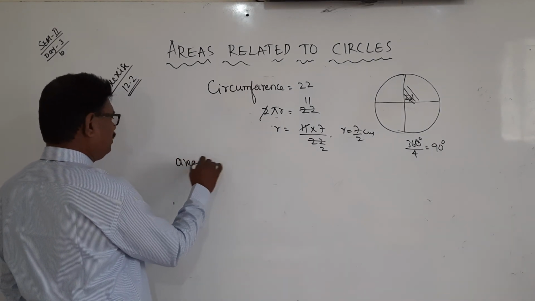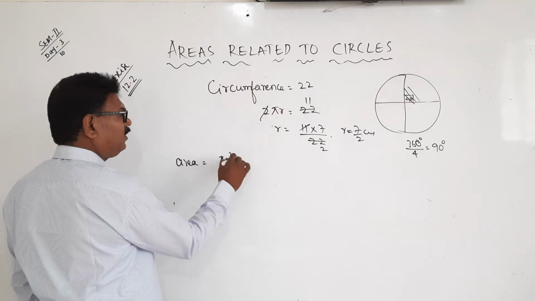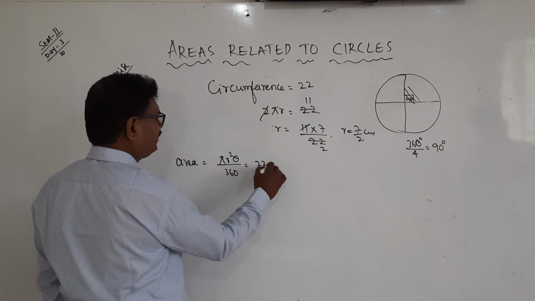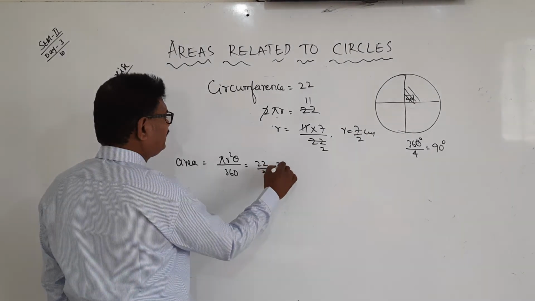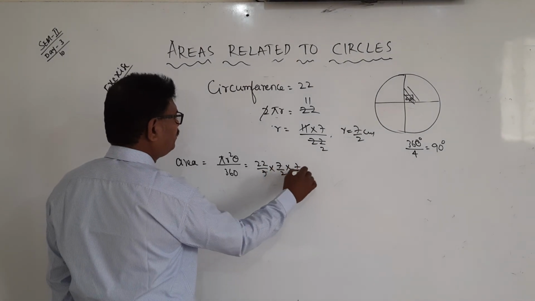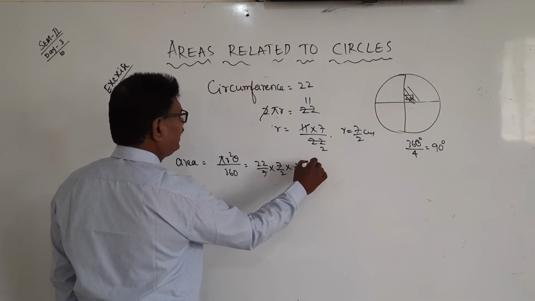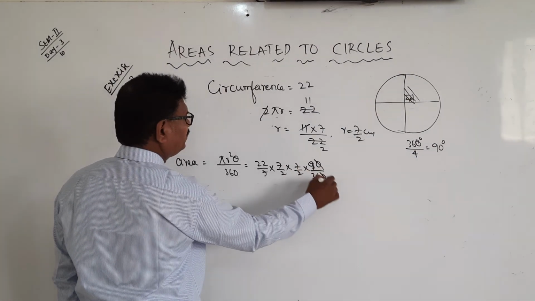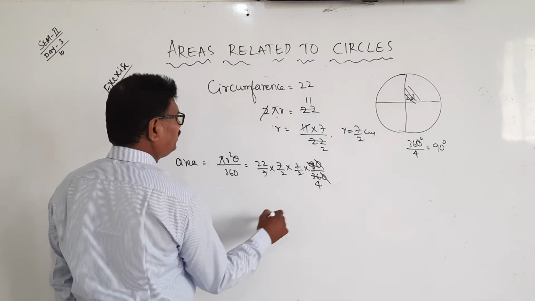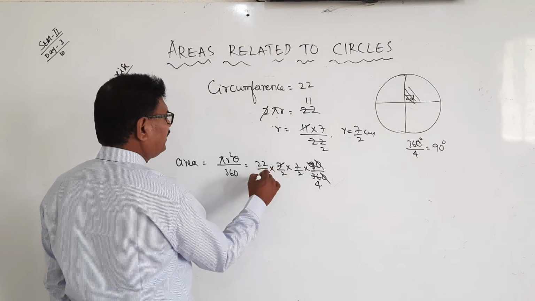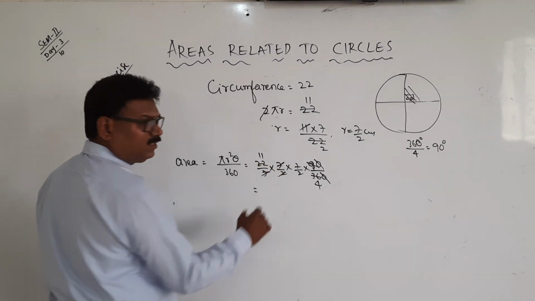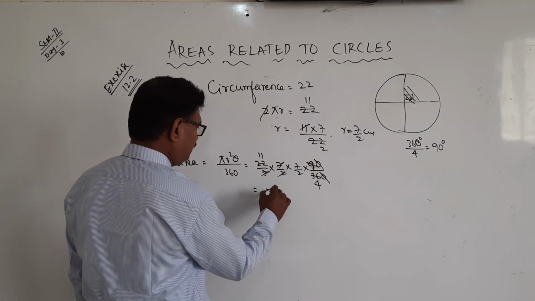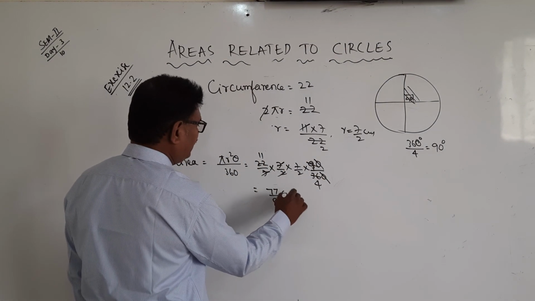Area is equal to pi r square theta by 360, which is 22 by 7 into 7 by 2 into 7 by 2 into 90 divided by 360. After cancelling, it will be 77 by 8 centimeter square.